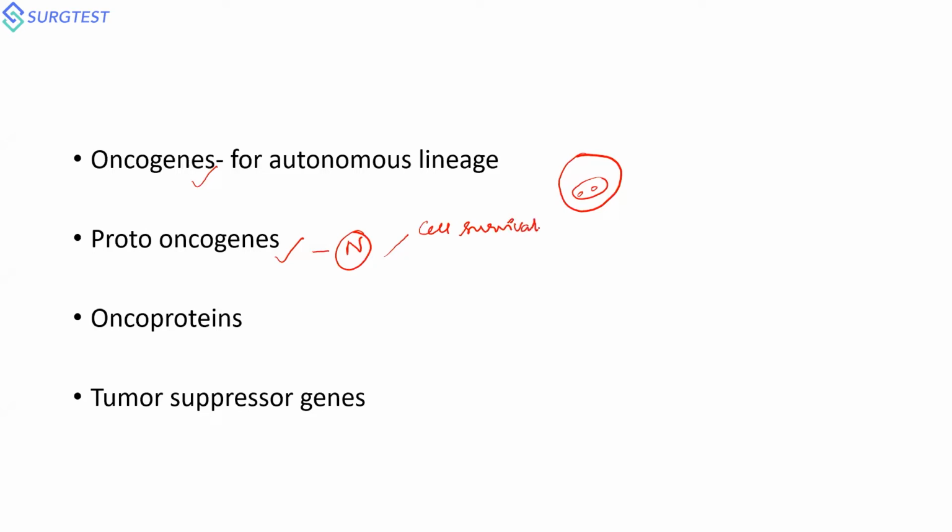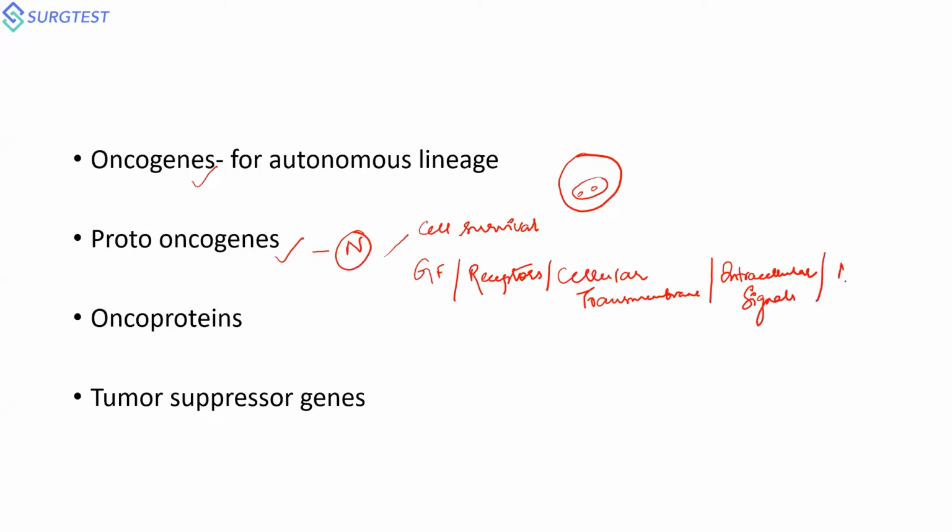So can we know what the types of proto-oncogenes are? Yes, they are the normal growth factors, the receptors for your growth factors, your cellular transmembrane structures, intracellular signals, and the last one will be your apoptotic signals.